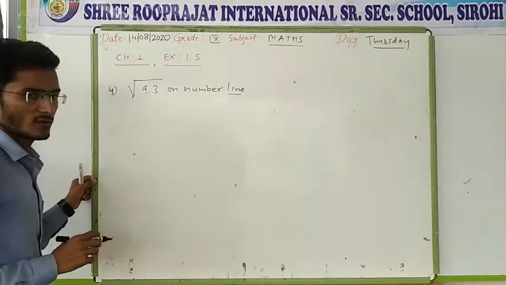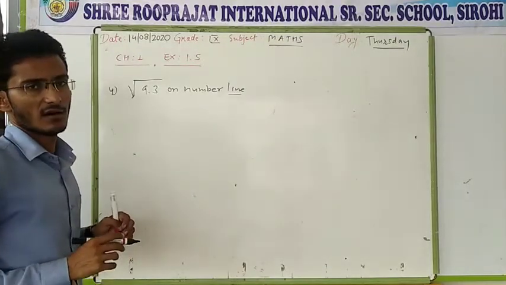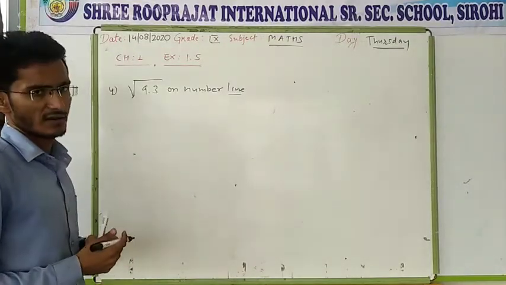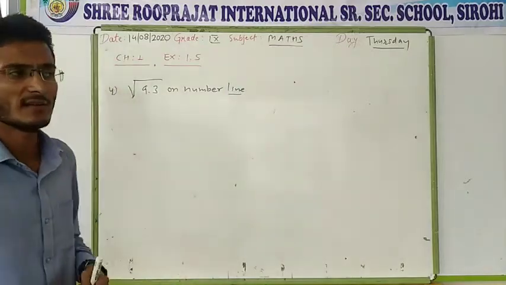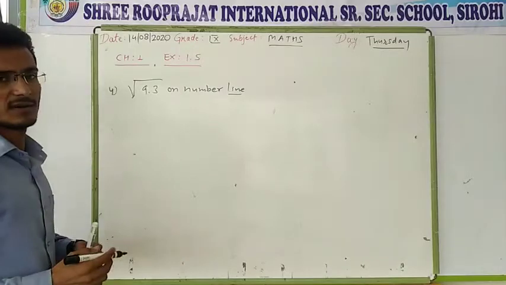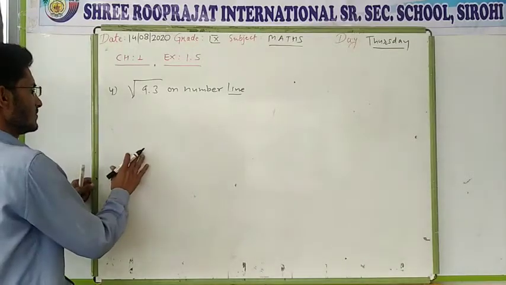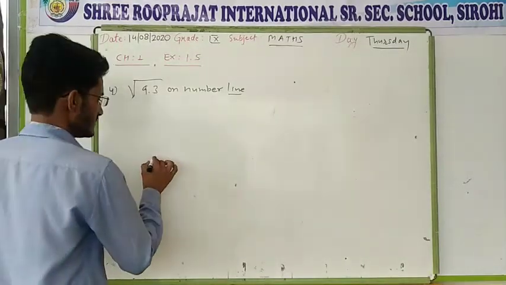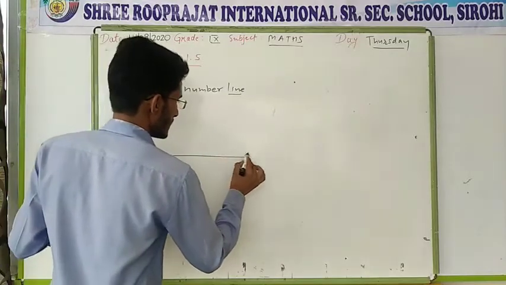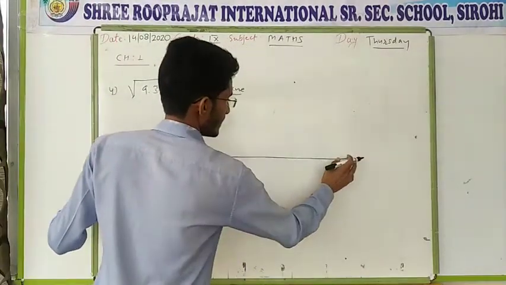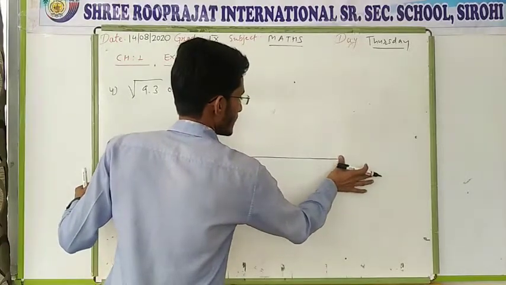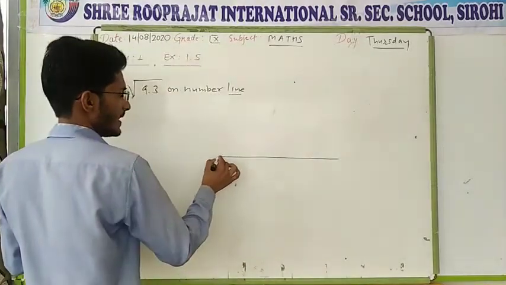So first of all, you have to draw the line of 9.3 units. Instead of units, we will just go by centimeters, because with decimals it will be very difficult to change units. So suppose it is the length of 9.3.